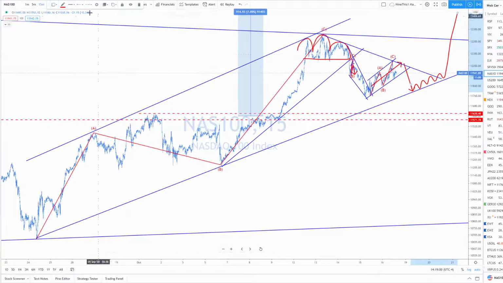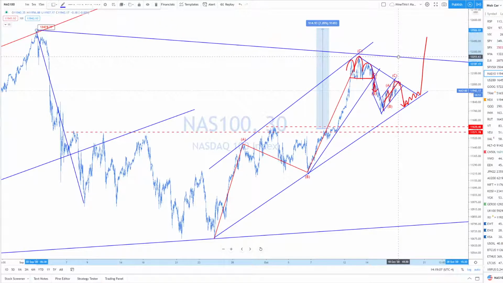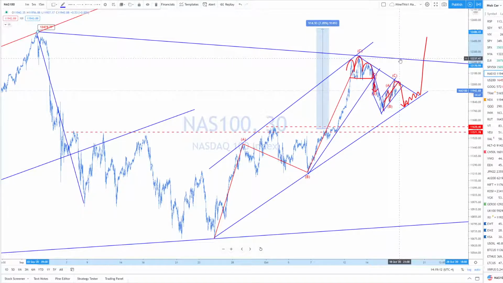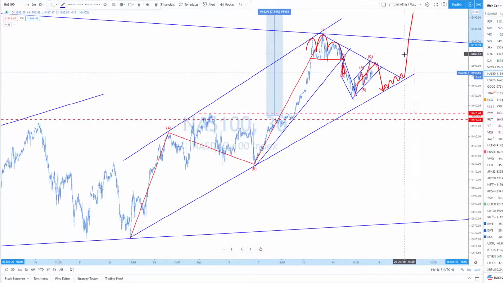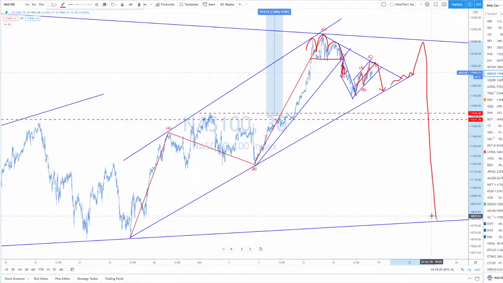If that were to happen, then the resistance here is no longer valid, obviously, so we don't worry about this anymore. But it's going to be interesting to see how it's going to develop. If it fails at that one more up, so you get something like this, it comes up and fails, well then you can look for the bigger down move. And that would be a doozy.